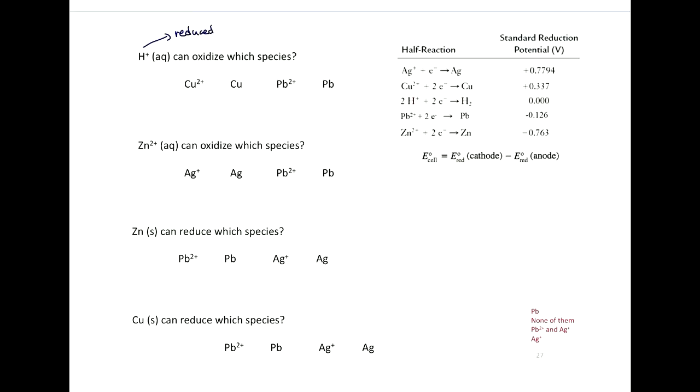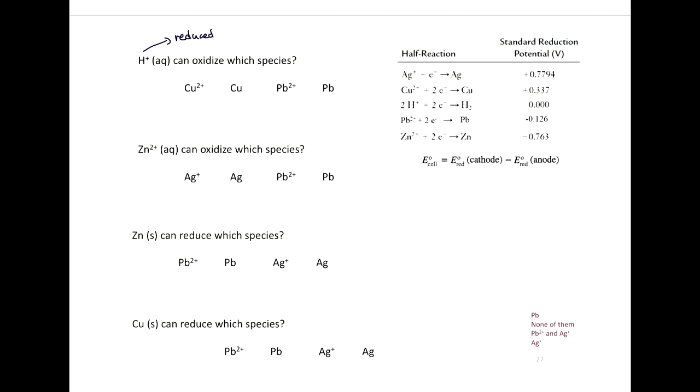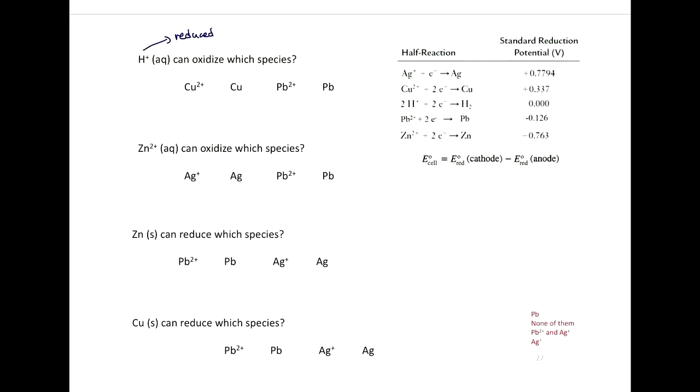So if we're using this same E cell equals cathode minus anode to calculate whether the reaction is spontaneous or not, that means H plus is our cathode, and these different substances are going to be our anode. And so you need to ask yourselves, if H plus is right there on our table, which substances will react with H plus? Which substances will H plus act as the cathode and the other thing act as the anode?